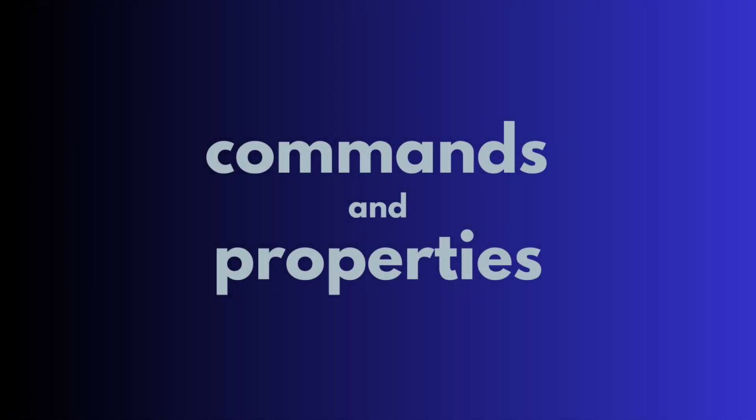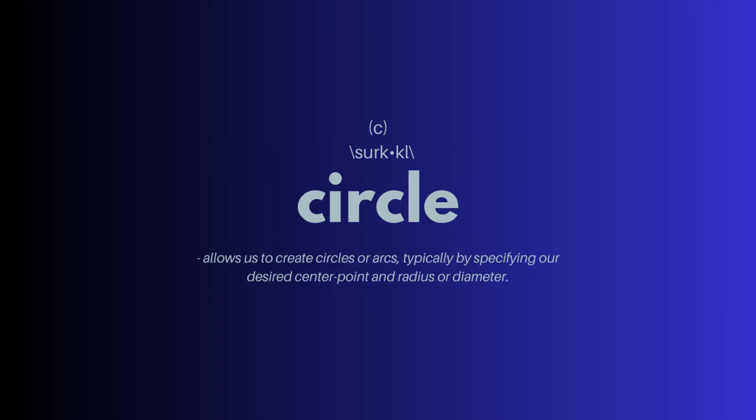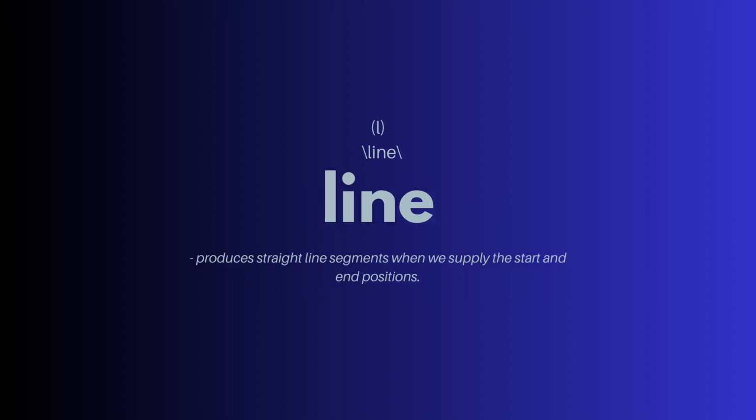So before we start, let's review the following AutoCAD commands and properties that would be heavily utilized in making the hand wheel. First, we have the circle command or its shortcut C, which allows us to create circles or arcs typically by specifying our desired center point and radius or diameter. Next, we have the line command with its shortcut L, which produces straight line segments when we supply the start and end positions.